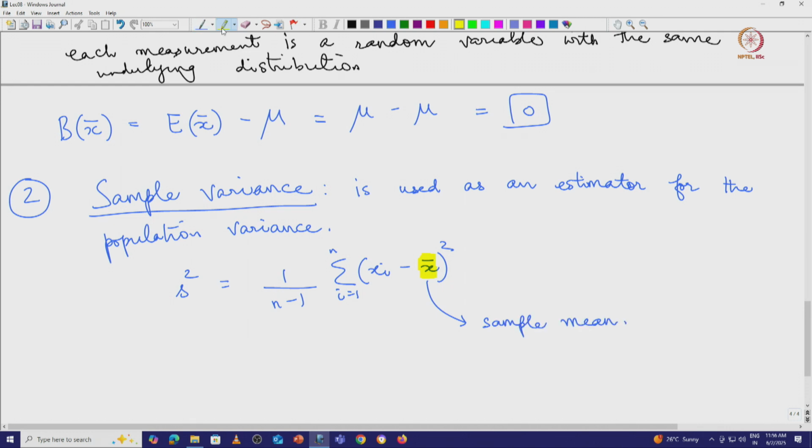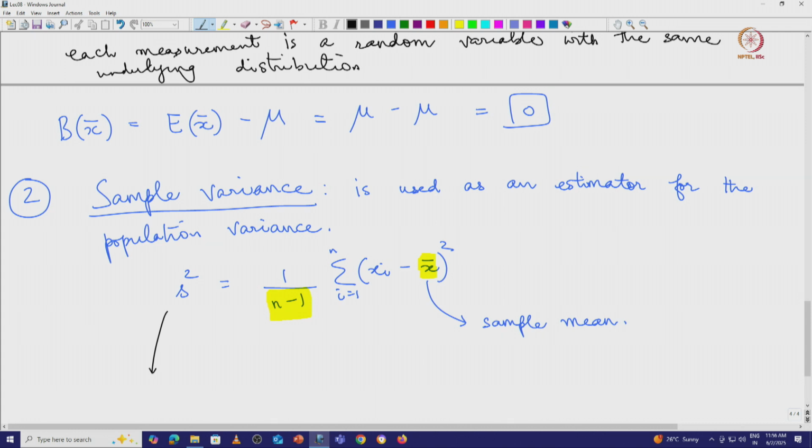The other important thing to note here is that the sample variance has 1 over n minus 1 in the denominator and not 1 over n, and it is this 1 over n minus 1 which ensures that S squared is an unbiased estimate.